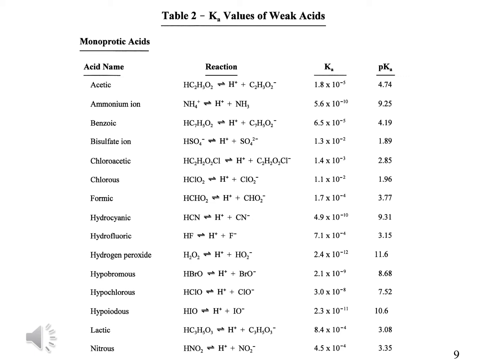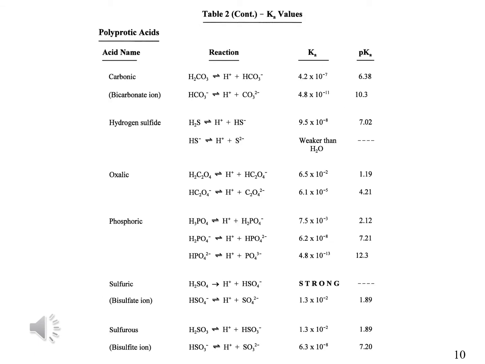But this is what you use for acid problems. There's also a fourth column that's called pKa that we're not going to use today, but we will use when we do buffers, but you already know what that is because a lowercase p means it's the negative base 10 log of the Ka.